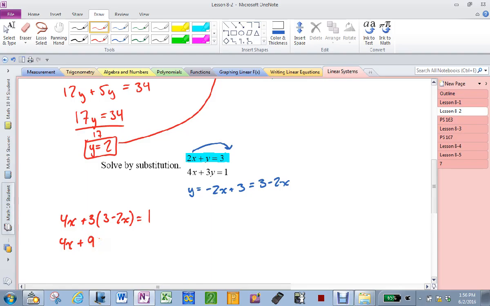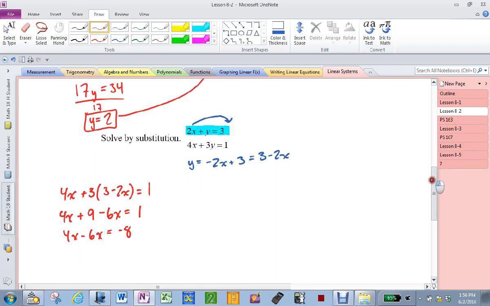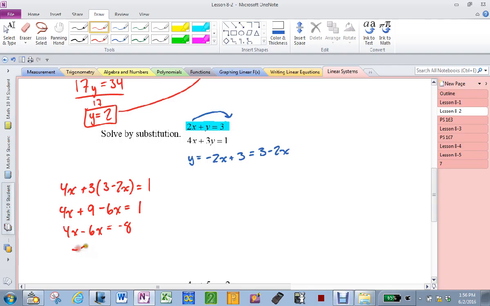9 minus 6x equals 1. 4x minus 6x equals negative 8, right? Negative 2x equals negative 8, and x equals positive 4.